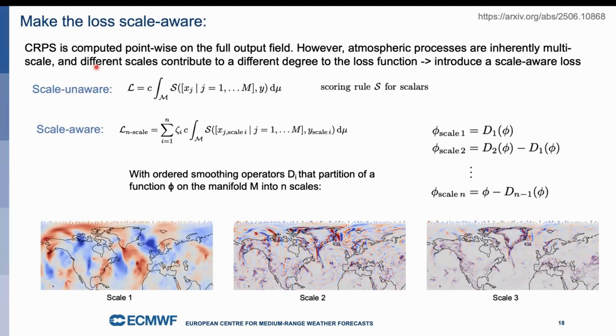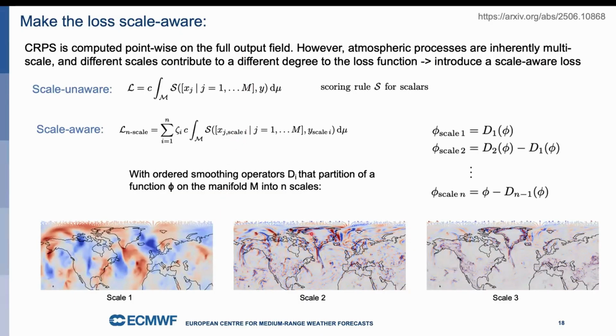So in principle, the model can overcompensate for variability which is missing on the large scale, on the small scale, and vice versa. And scales are very important for the atmosphere. Different scales contribute in different ways to the loss. So one attractive way to make the model more scale aware is to introduce scales into the loss function.